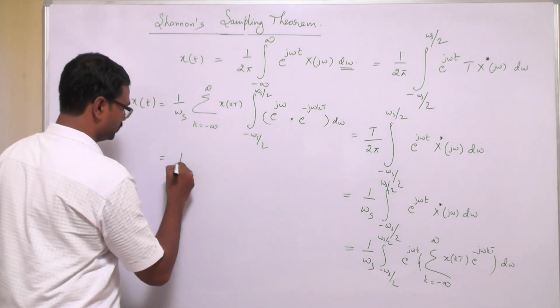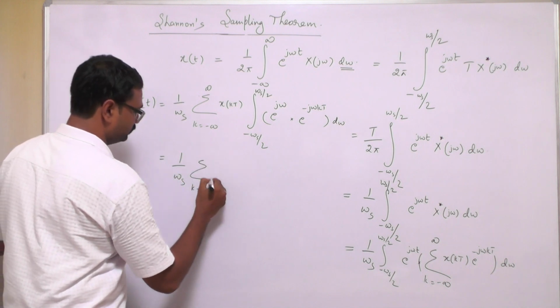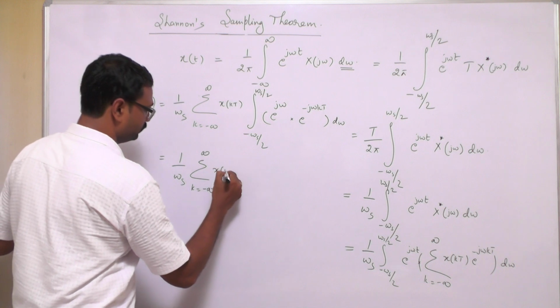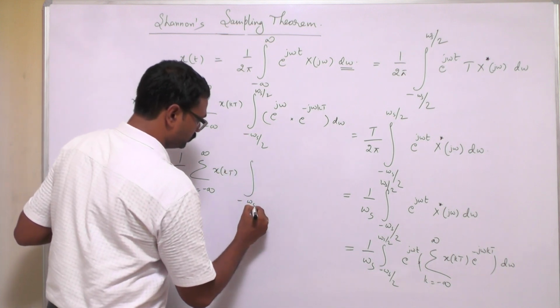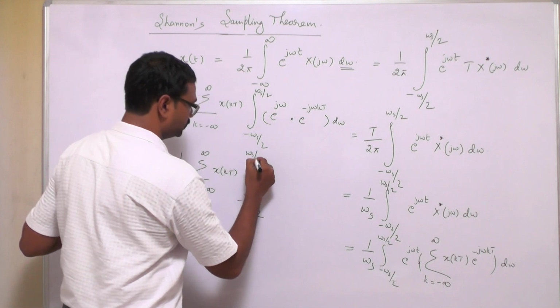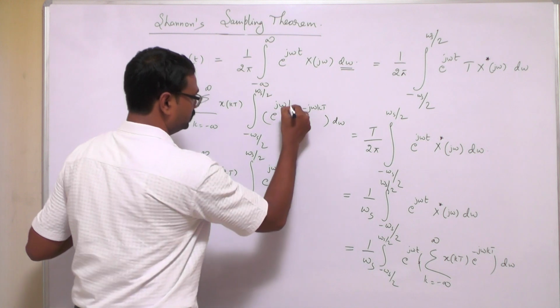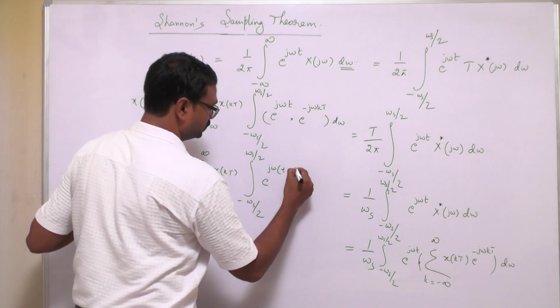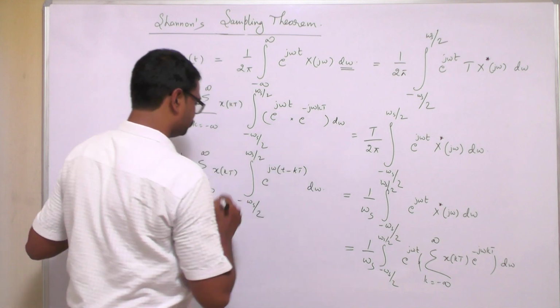So we have this as 1 by omega s sigma minus infinity to infinity x of kt into integral minus omega s by 2 to omega s by 2 e power j omega t minus kt d omega.